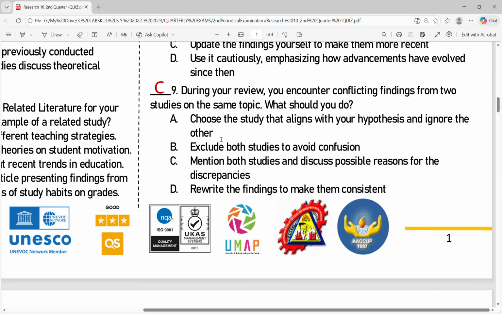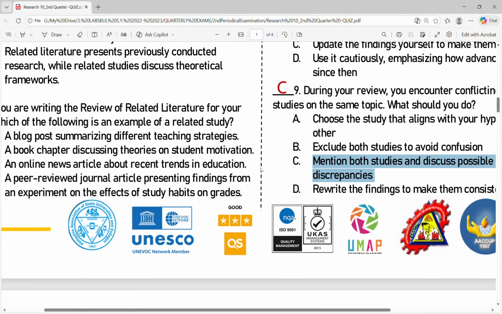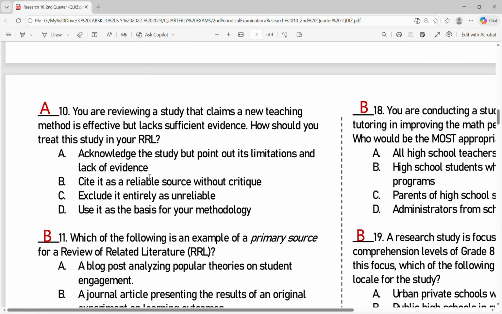And if you have found also negative effect, you also include it there, because when you write your chapter 4 later on and the result is either positive or negative, at least you have already the findings that could either support or refute the results of your study. So that's the reason why you should include both, not exclude both studies, to avoid confusion. So again, the correct answer here is letter C.